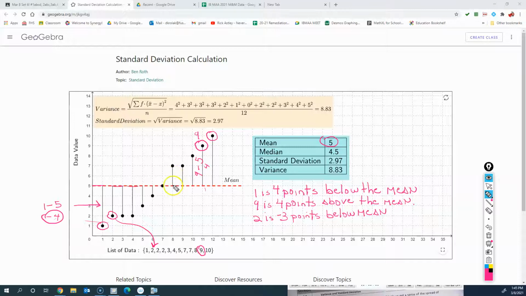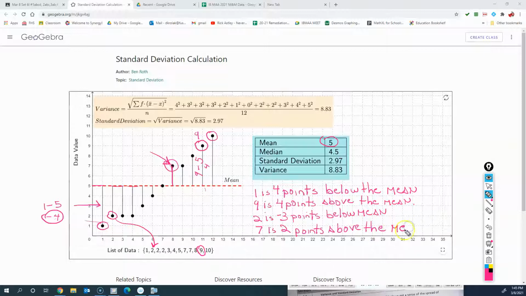If it's above the mean, it's going to be positive. All right, so what's this data point telling you? Which number is it associated with? 7. Yep, that's 7. So 7 is 2 points above the mean.